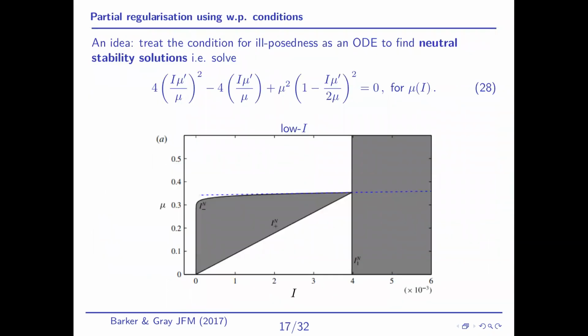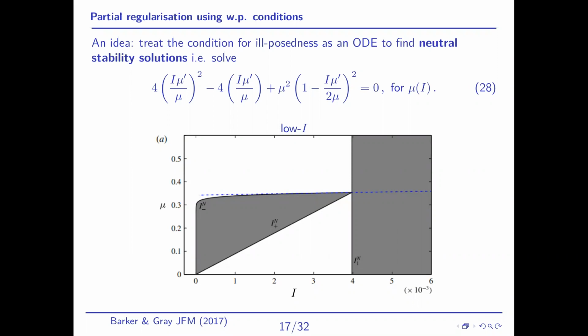So one idea was to go back to that condition of ill-posedness, and instead of asking when am I ill-posed, when am I well-posed, ask instead, what is the neutral stability? What is the turning point between those? What defines that? And then my idea was, well, the mu of I curve that the physicists had cooked up was really good in that middle region. It was fitting the experiments really well.